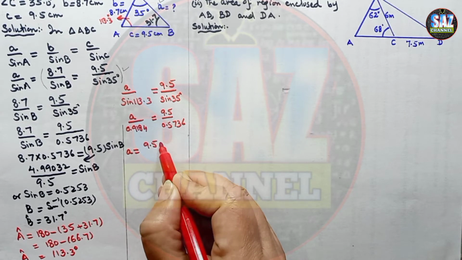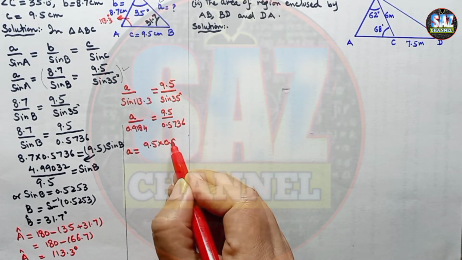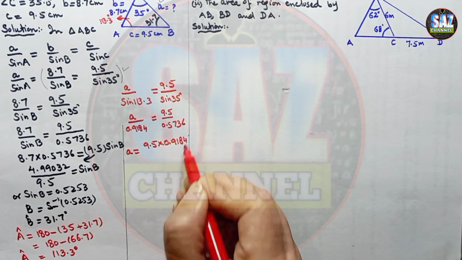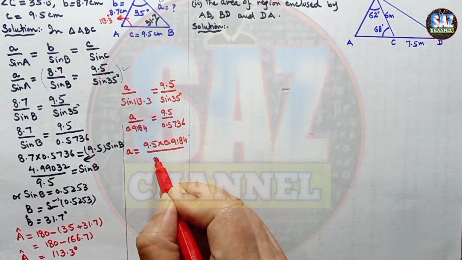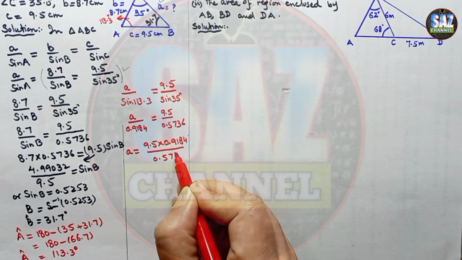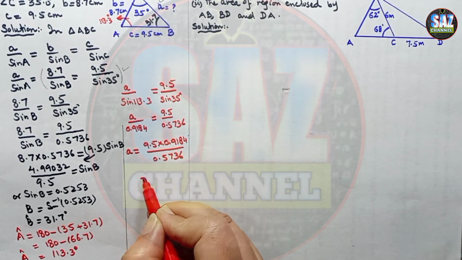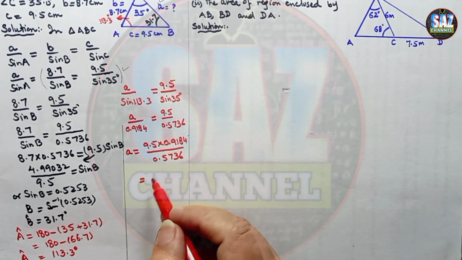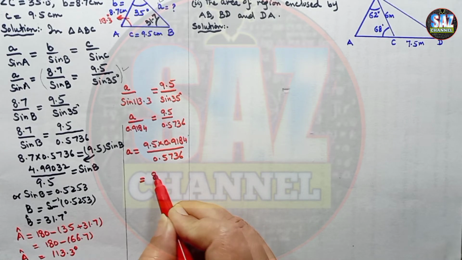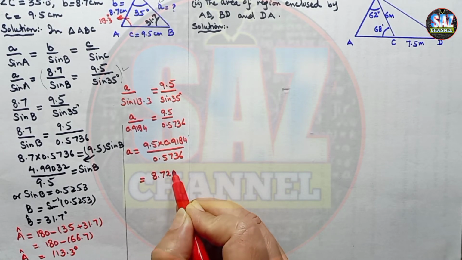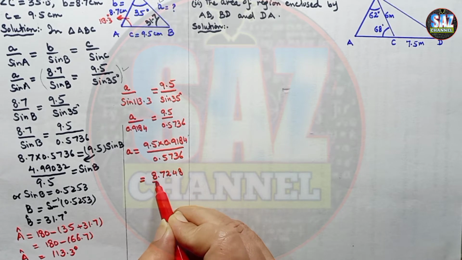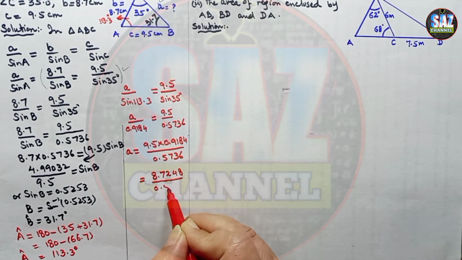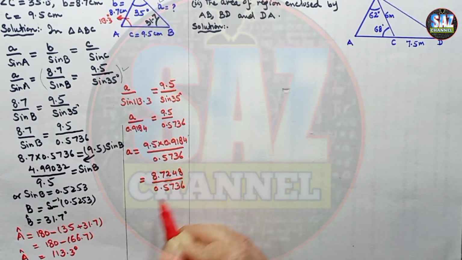Now we have to go for cross multiplication, and A will take the form 9.5 multiplied by 0.9184 divided by 0.5736. Okay, now multiply 9.5 by 0.9184, and this gives me 8.7248 divided by 0.5736.